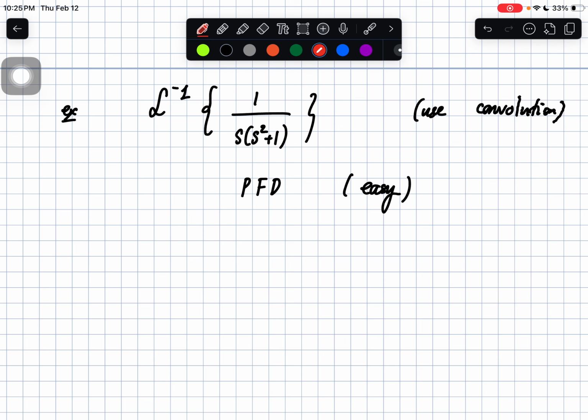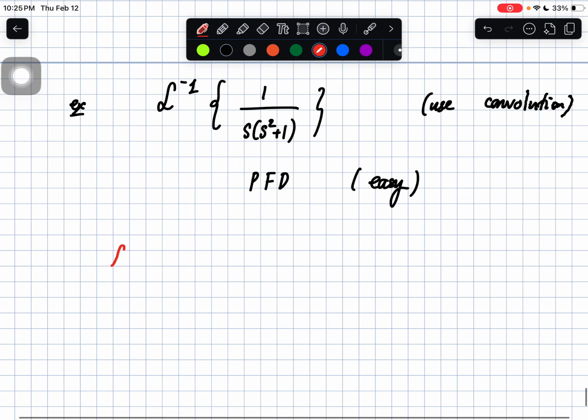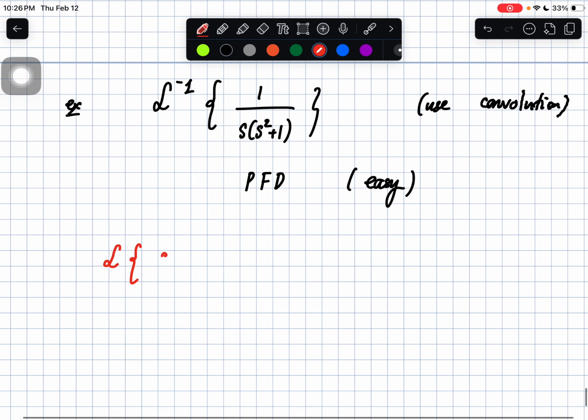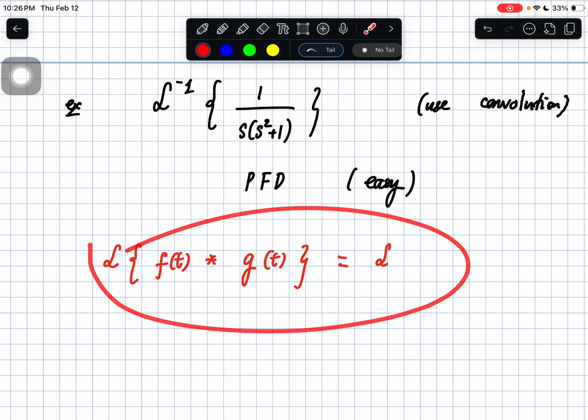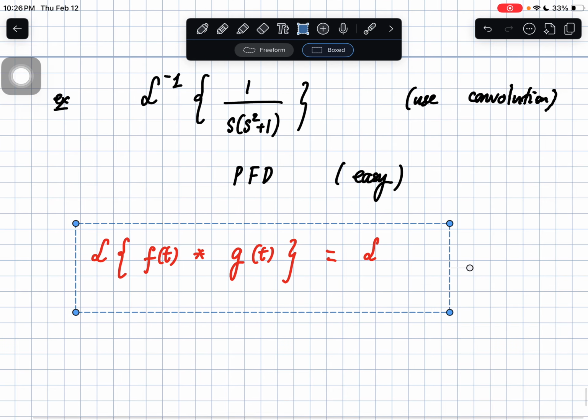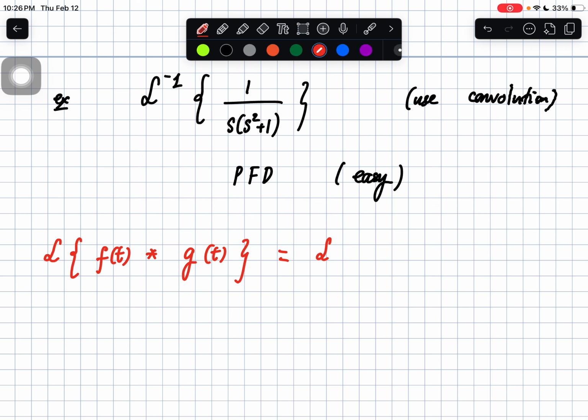The theorem is that the Laplace transform of the convolution of f(t) and g(t), f star g, is the Laplace transform of f times the Laplace transform of g.